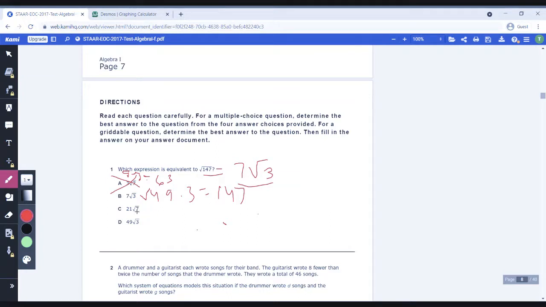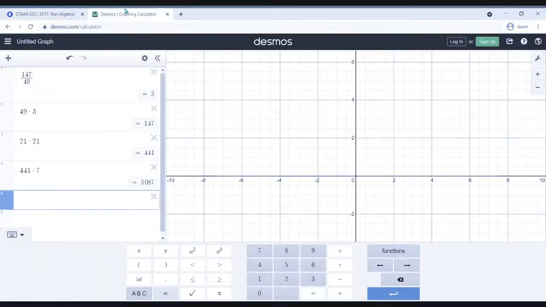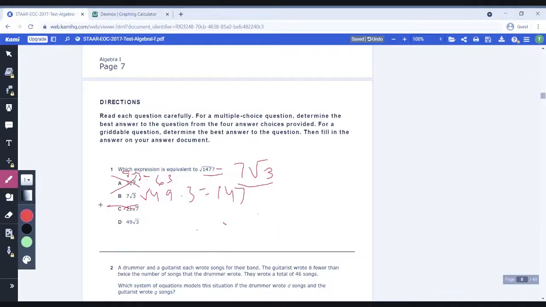I don't think that would be the answer. 49 squared times 3, I doubt that would be the answer too, because 49 squared would just become even bigger than this answer. So, our answer is B.